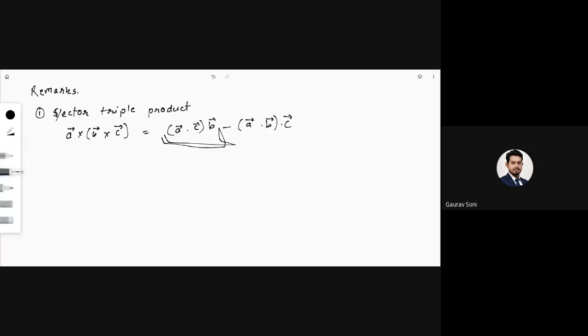Why? Because it is a cross product. So it is a cross product of three vectors, not of two vectors.